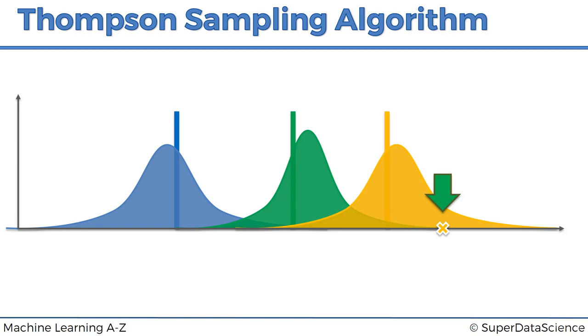That's going to trigger the distribution behind the yellow bandit, and that will give us some sort of value. So this is the actual value that we received in the real world. Now we're going to incorporate that value into our perception of the world, and our perception of the world is going to adjust. There we go. Now we're going to do that again.